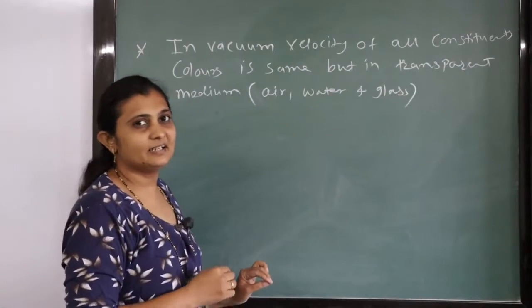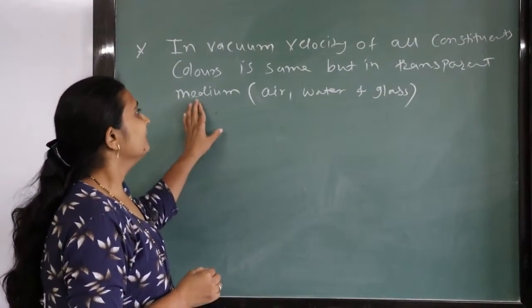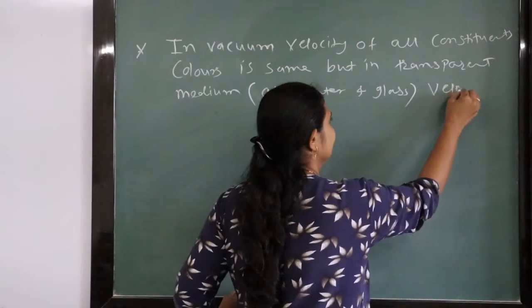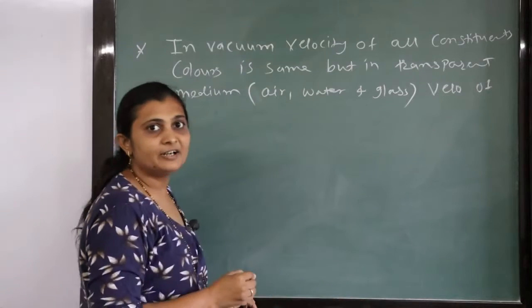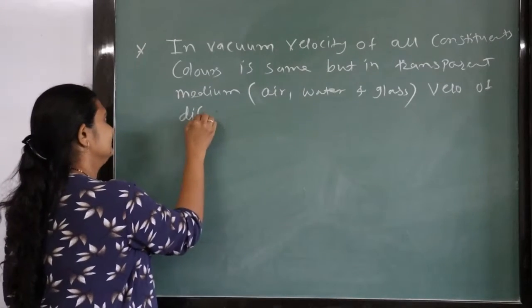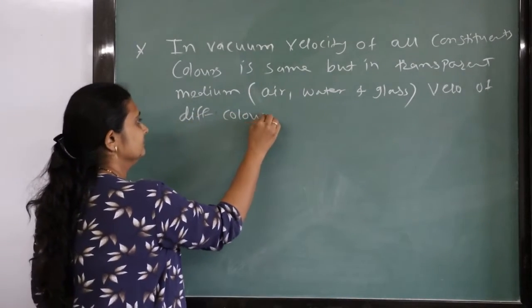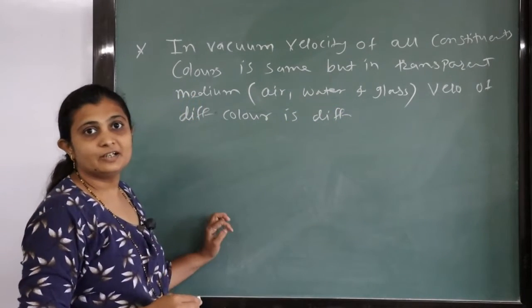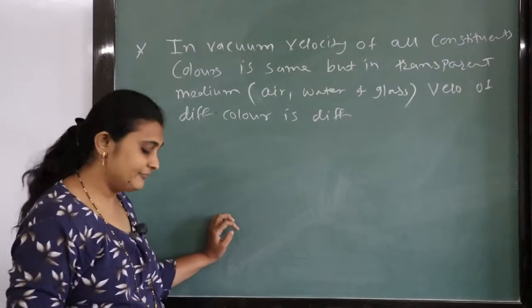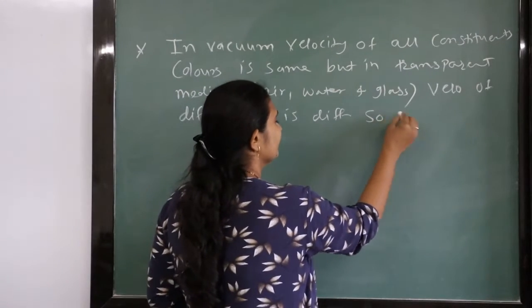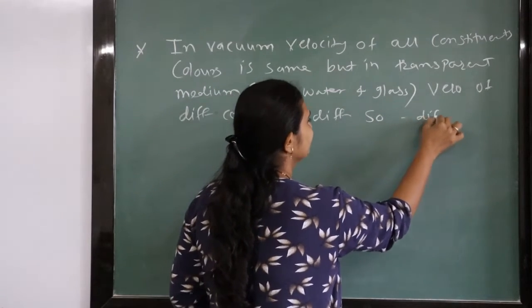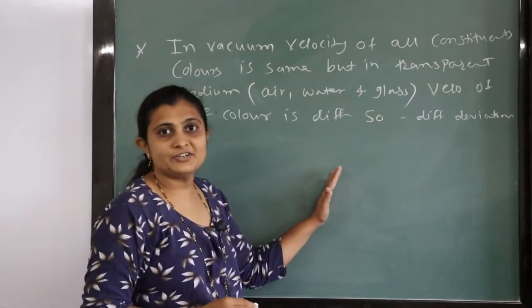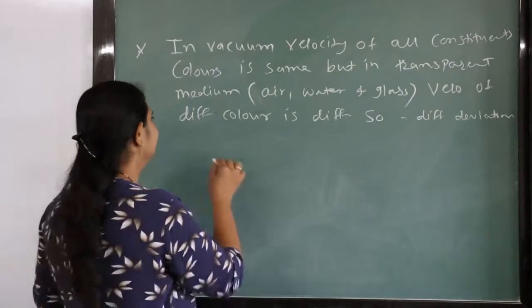You can take glycerin also. But in transparent medium, velocity of different color is different. So we get the different deviation. And due to that different deviation we get spectrum.